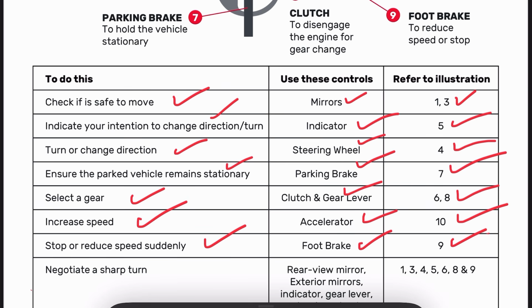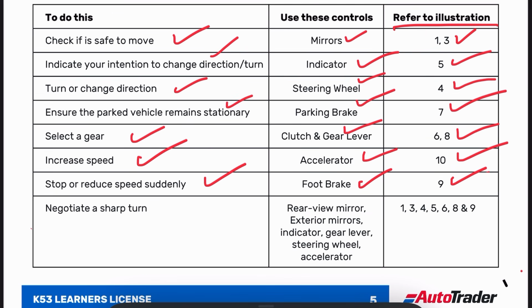You see, these controls, they say refer to illustration. Which one is number 1? Which one is number 5? Which one is number 4? Now, they're saying here, if you want to negotiate a sharp turn, there's a sign which warns you of a sharp bend.